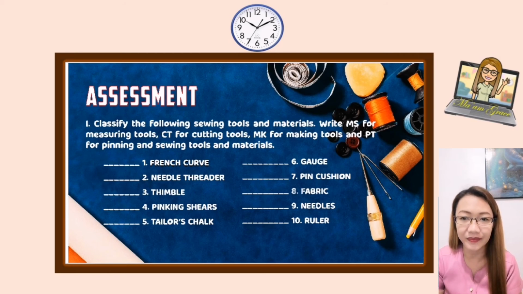Very good. Number 2, needle threader. Nice. 3, thimble. Check. 4, pinking shears. Very good. Tailor's chalk, number 5.